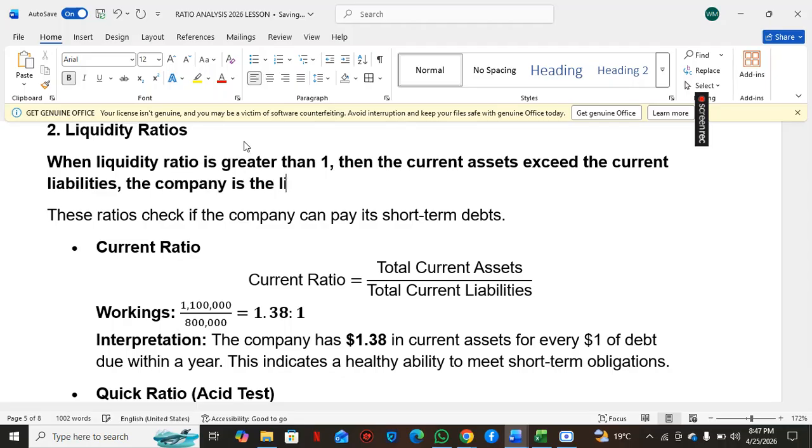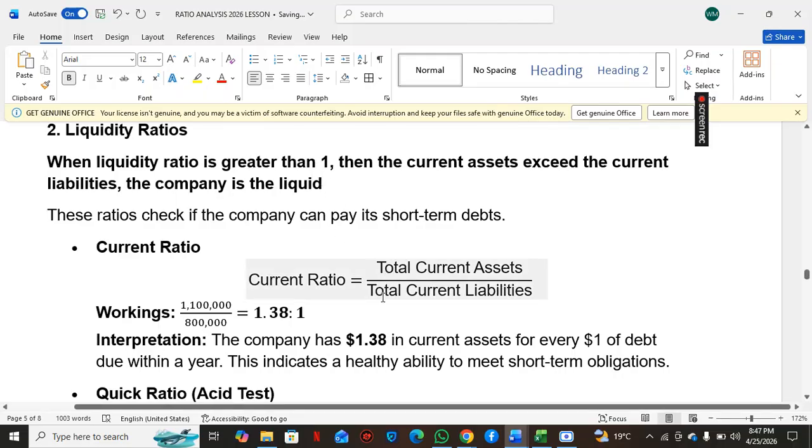All these current liabilities the company has, they can cover with the current assets and remain with a remainder.